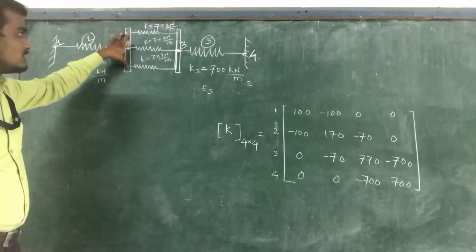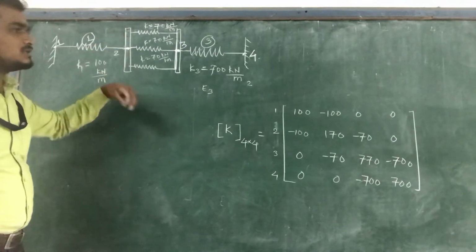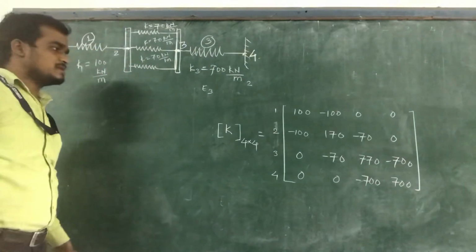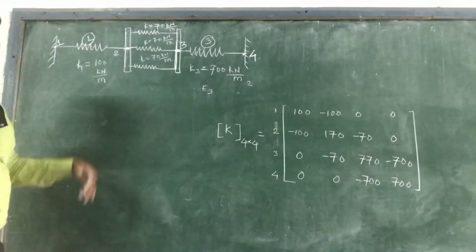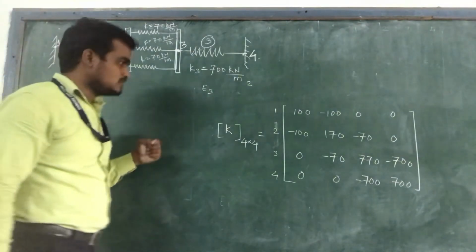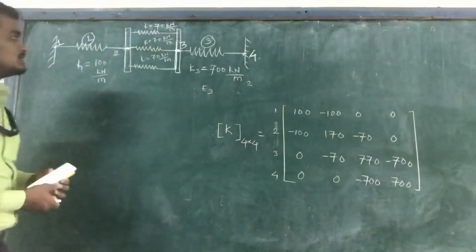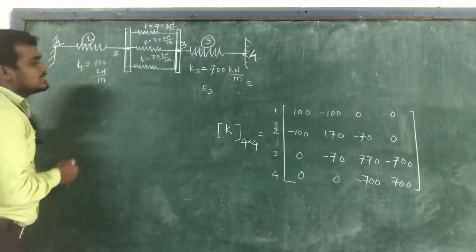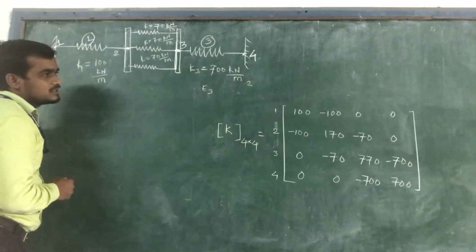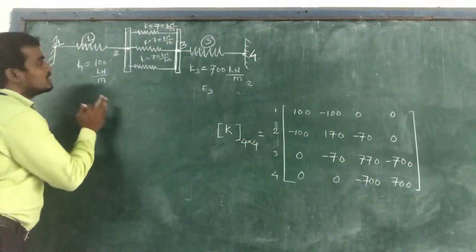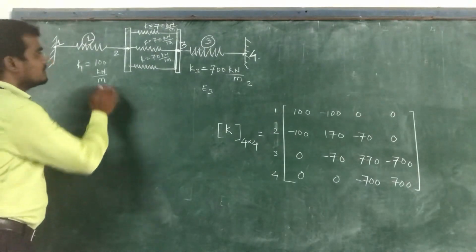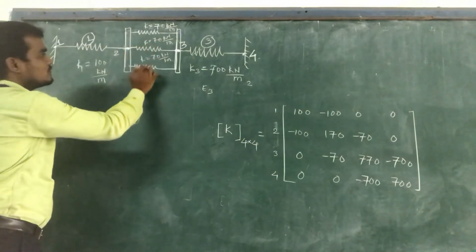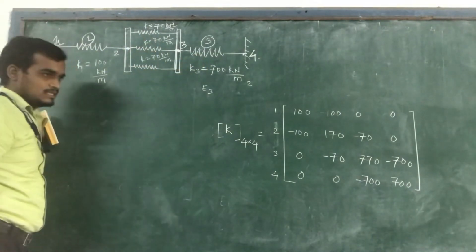Okay, so for this case, how do we construct the stiffness matrix? This is the question. Here, how many elements are there? 1, 2, 3, 4, 5 elements are there.